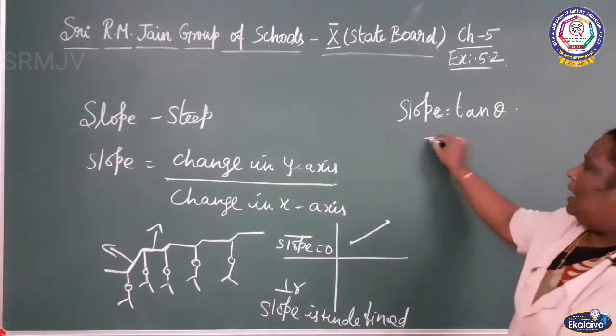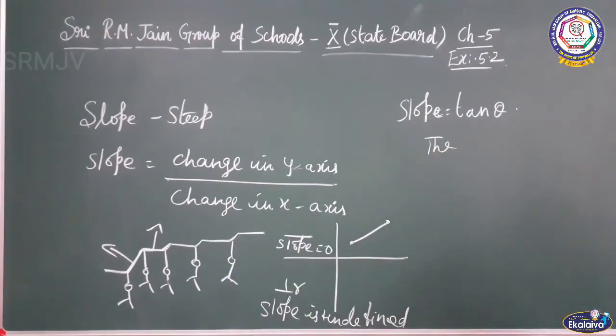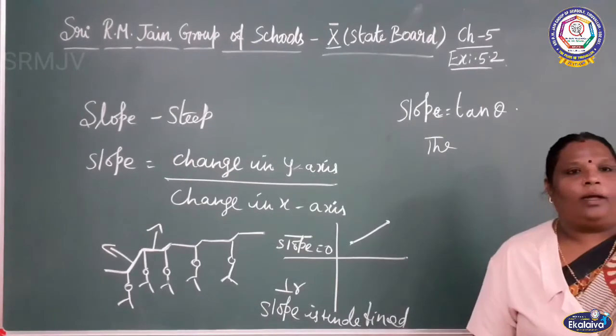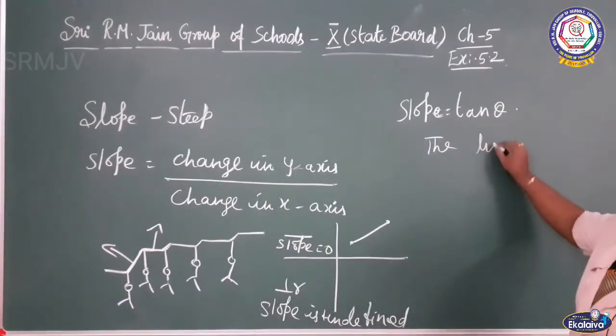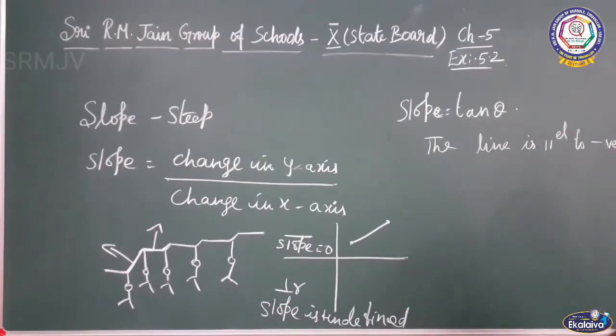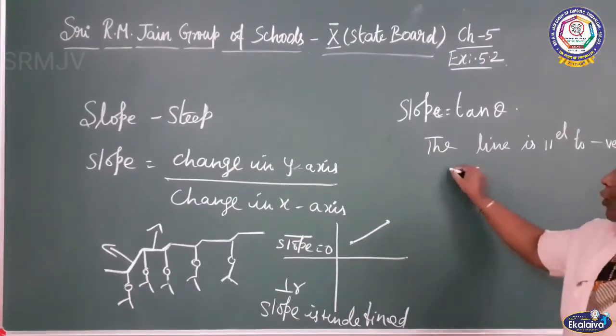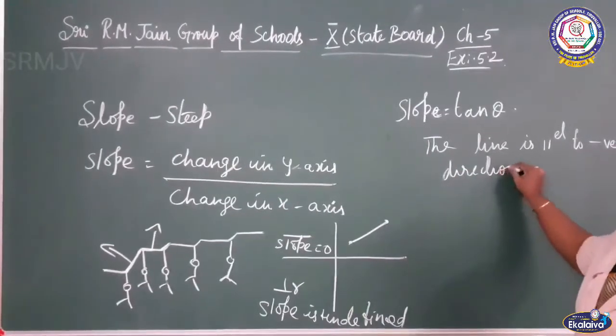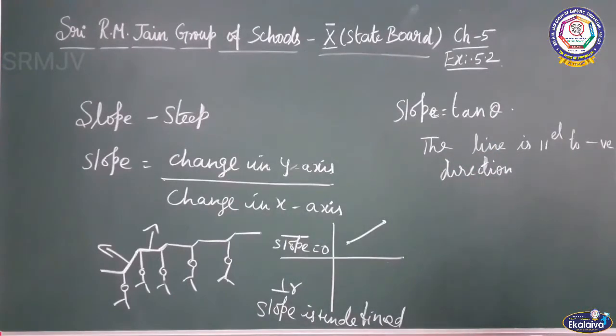If the line is parallel to the negative direction of the x-axis, what is the value of theta?